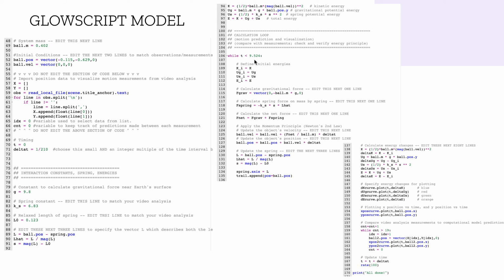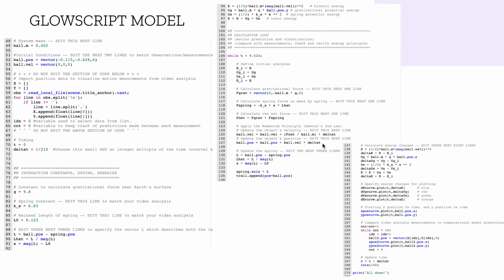For the while loop here, we have that our time is 9.524, which was obtained through Tracker, and we updated the force of gravity, which is negative the mass of the object times the gravitational constant in the y direction, and we have the spring force, and also here we have that the F net is F gravity plus the F of the spring, and we updated Newton's position update and velocity update formulas in here.